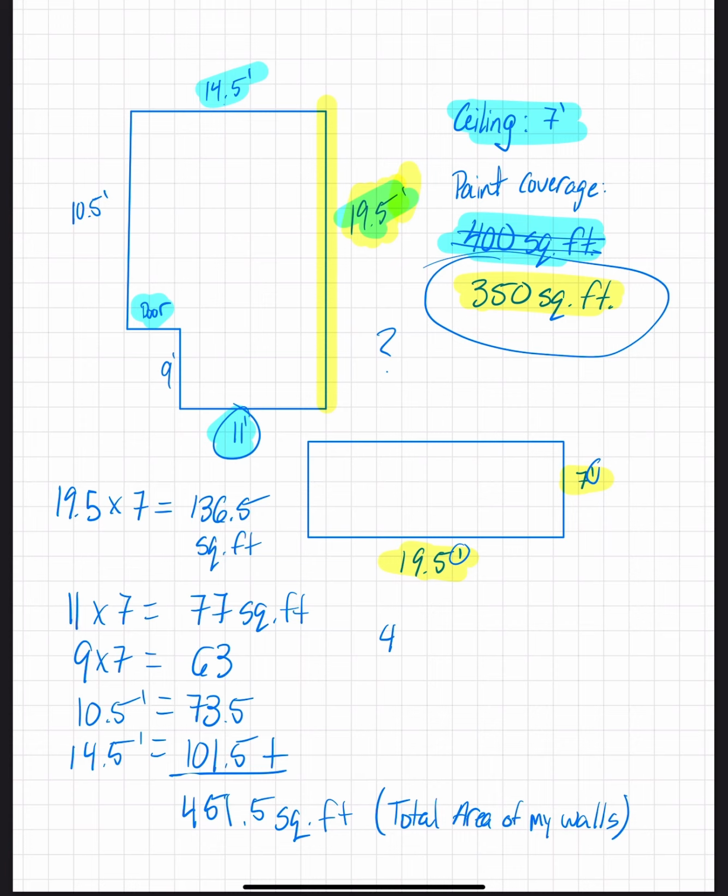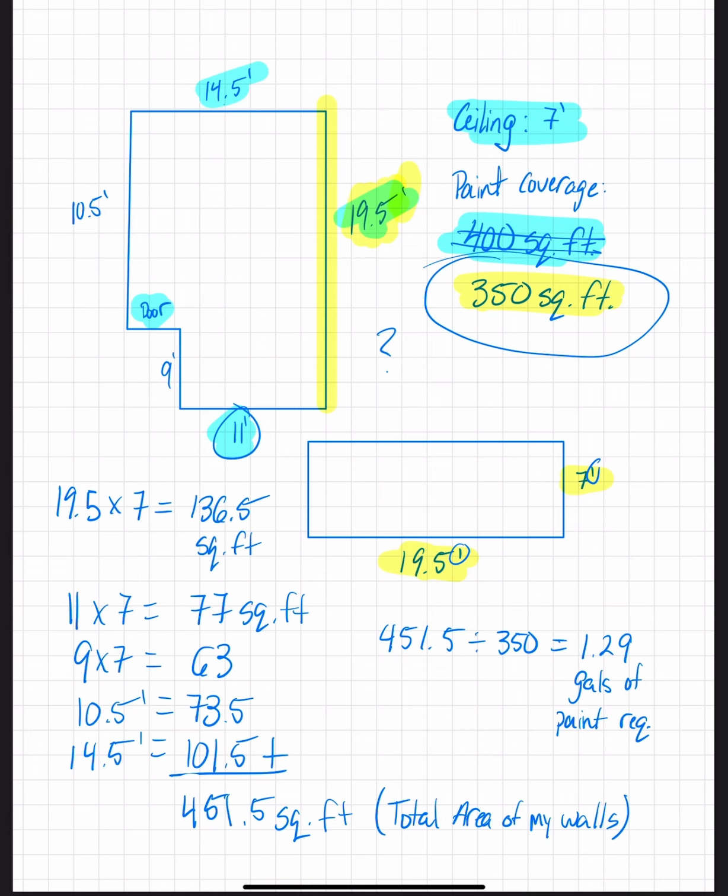And so if I do 451.5 and I divide that by the amount of area that 1 gallon of paint will cover, I'm going to get, again, totally use a calculator here. You can do long division if you'd like. I'm going to get 1.29. And what does that represent? Gallons of paint required, and I'm just going to do REQ with the period for required.